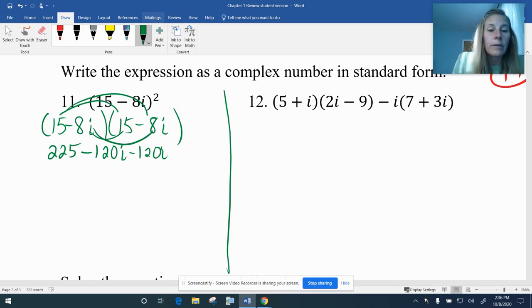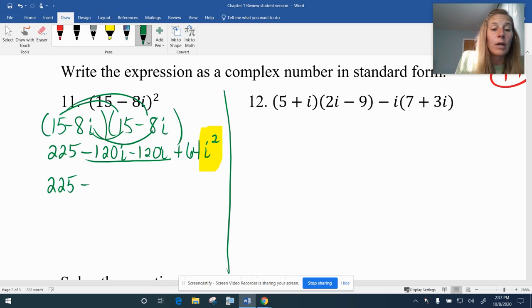And then when you do the -8 times the -8, you get positive 64, and this time it's i squared. Now, when you have an i squared, that's going to get replaced with the -1. So then I'm going to have 225 minus 240i, because those are like terms that are getting combined. And then I have 64 times -1.